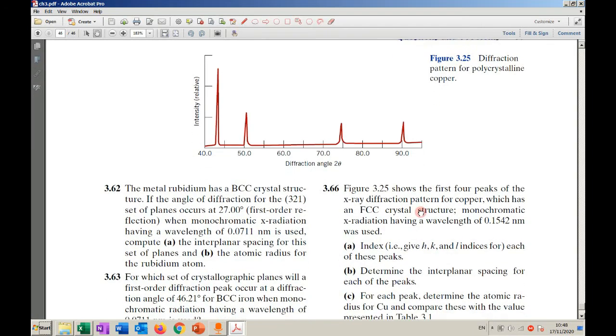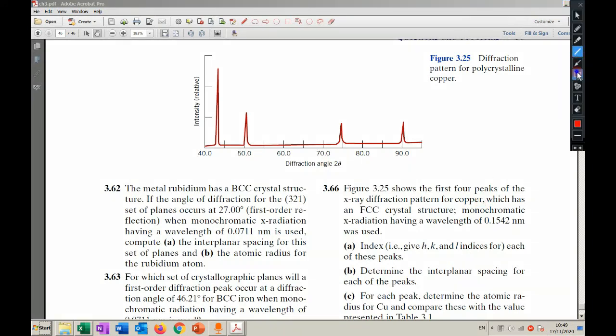Now let's read the question to see what it says. Figure 3.5 shows the first 4 peaks of the X-ray diffraction pattern for potassium. So the element we have is potassium. Now remember, the pattern that I will give you is only for one element. This is important. Why?